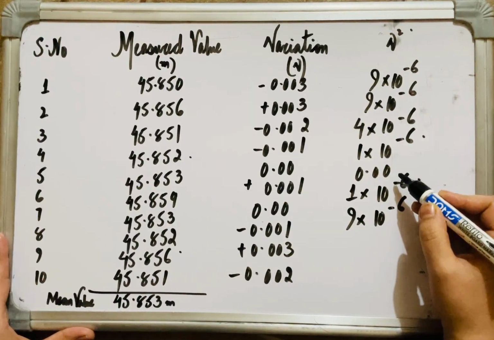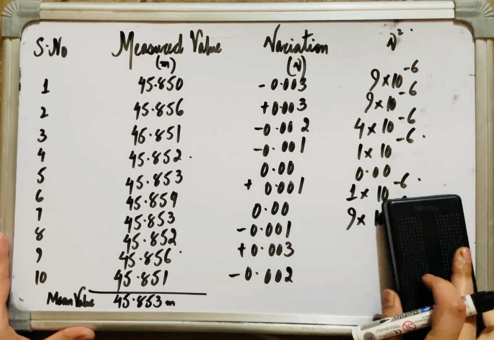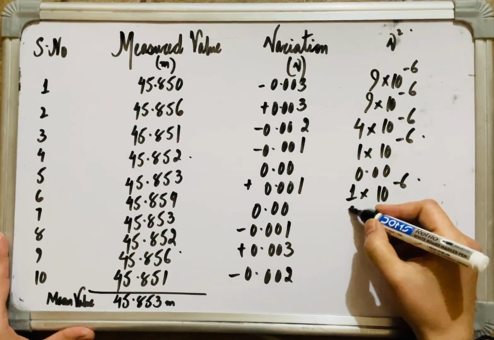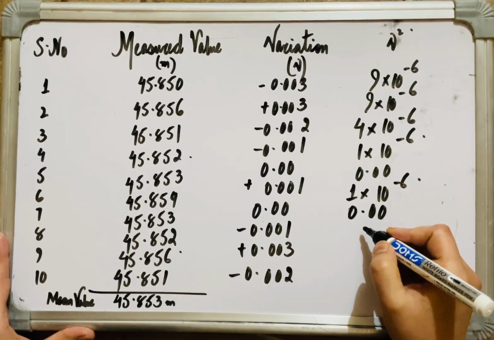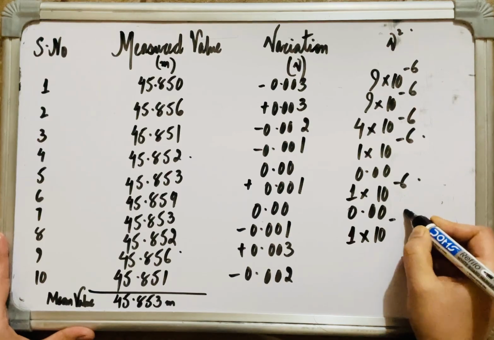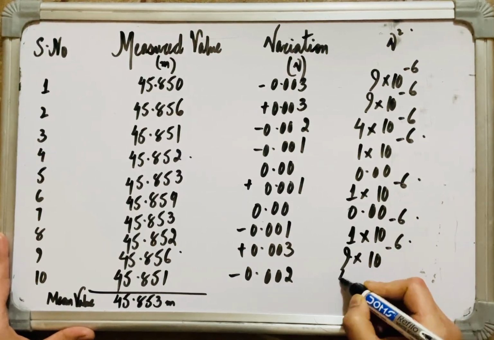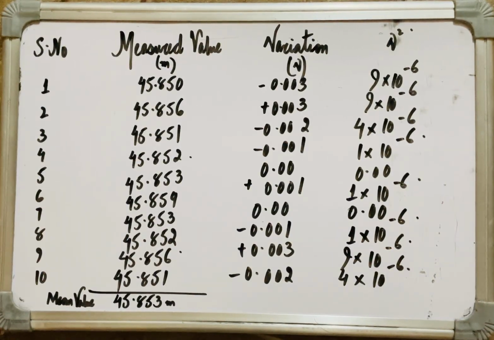We have 0, then we have 1, then again 0, because here it's 0. After that we have again 1, then we have 9, then we have 4. All right, so we calculated the square of the variation in each case.